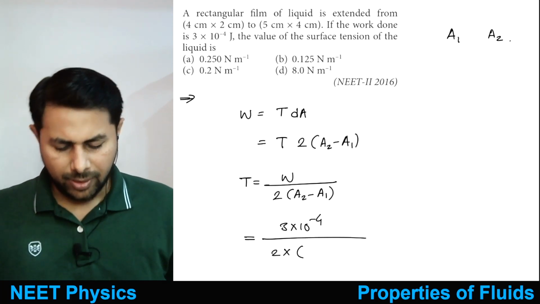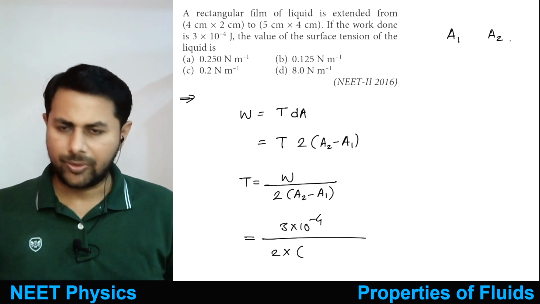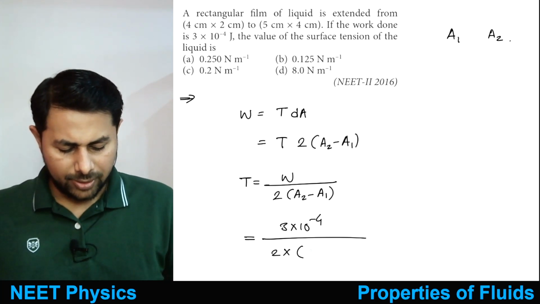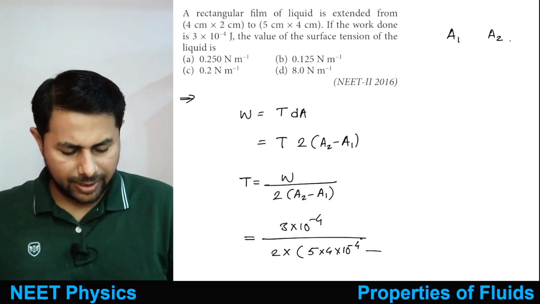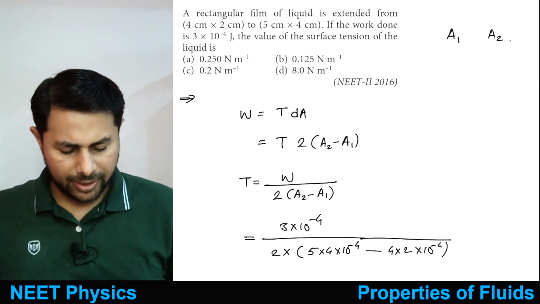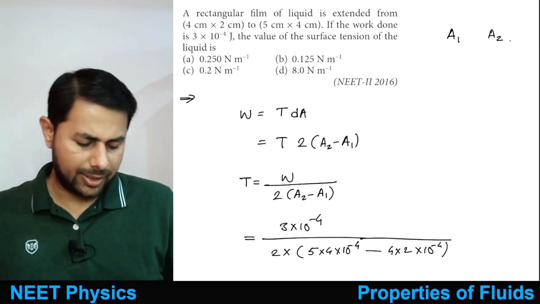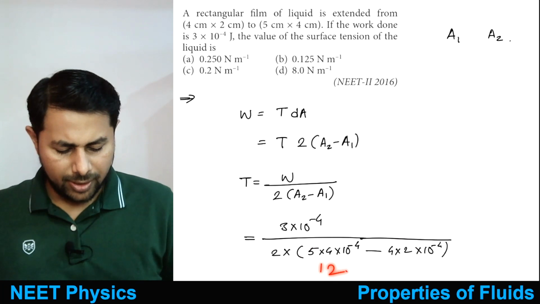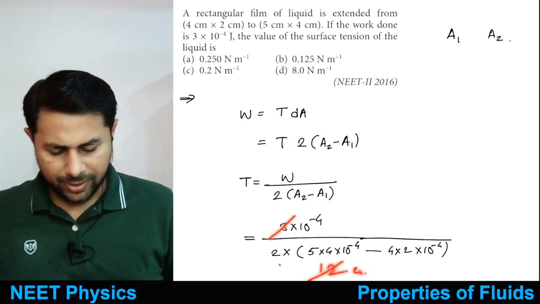A2 is 5 times 4, and this is centimeter times centimeter, means if you convert it to meter, 10 raised to minus 2 and 10 raised to minus 2, 10 raised to minus 4. So 5 times 4 multiplied by 10 raised to minus 4 minus 4 times 2 into 10 raised to minus 4. You can take the 10 raised to minus 4 common. So this is 20, 20 minus 8 is 12. 12 by 3 is 4, 4 times 2 is 8.